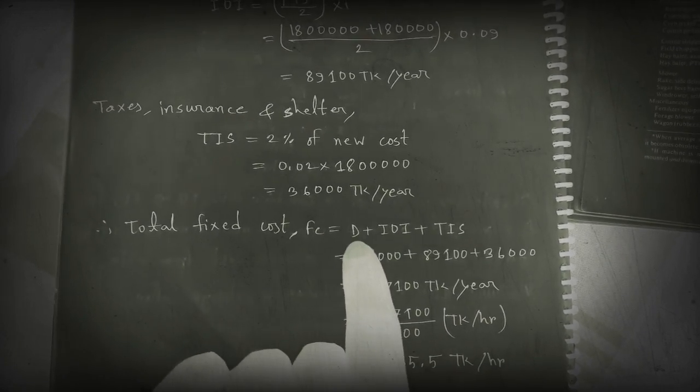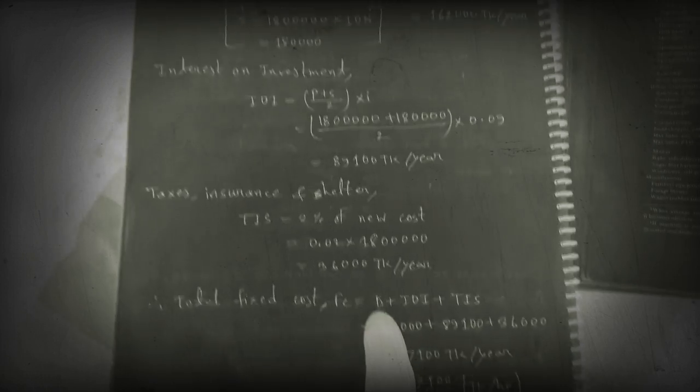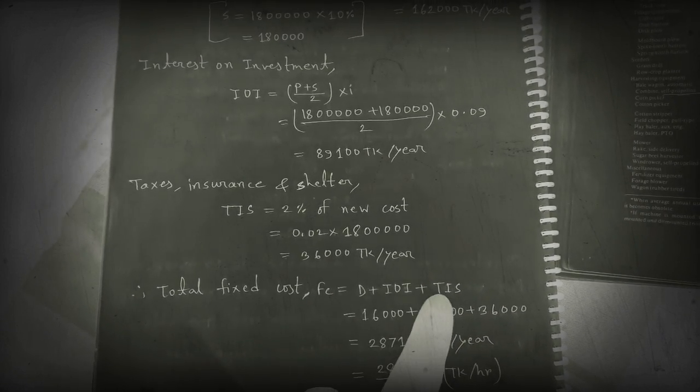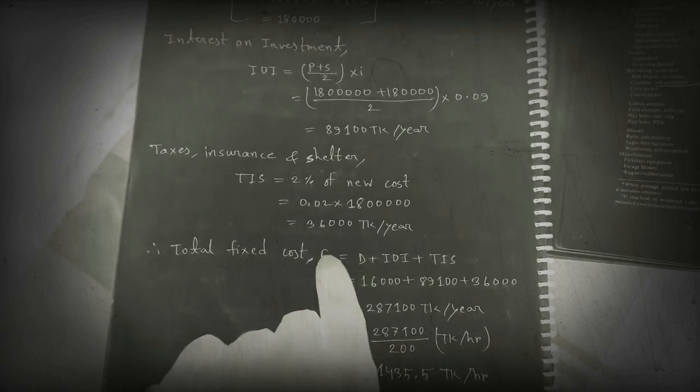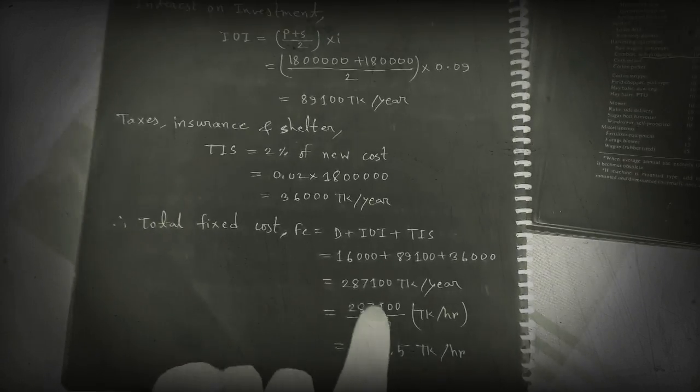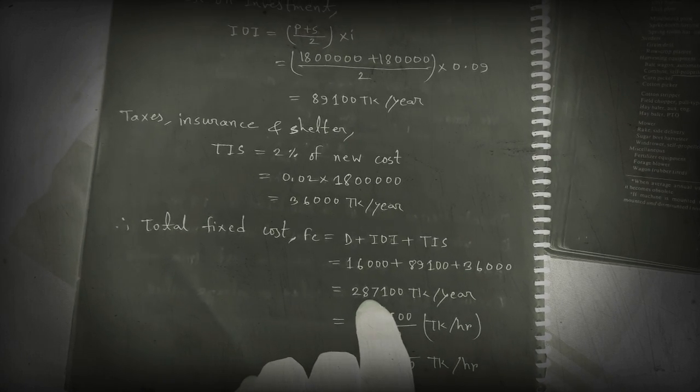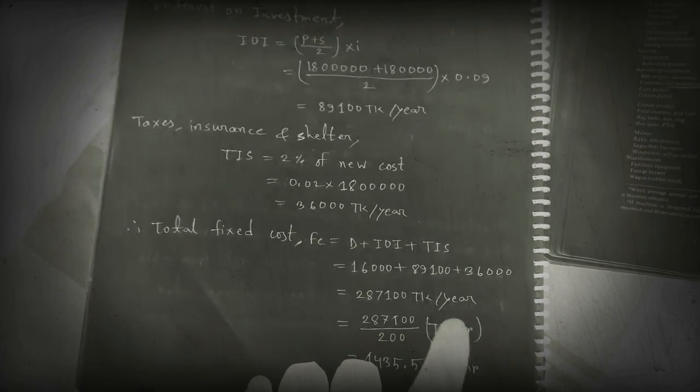Total fixed cost is depreciation plus interest on investment, plus tax, insurance and shelter. If we add all the values, we get 2,87,100 taka per year.